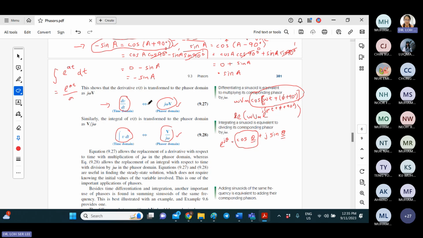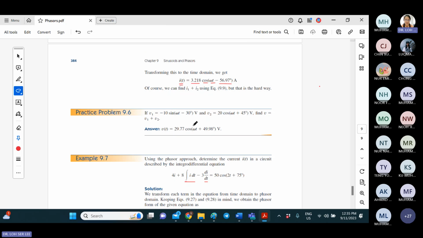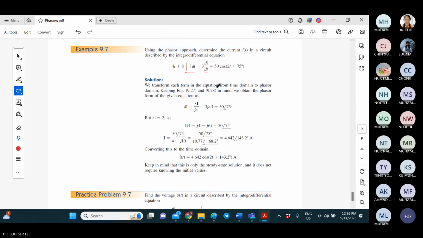For differentiation, we multiply JW with the capital V. For integration, the capital V is divided by JW. Back to the question just here. For integration, we divide. This is I, right? So we have the capital I divided by JW.